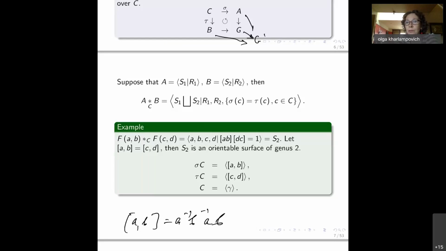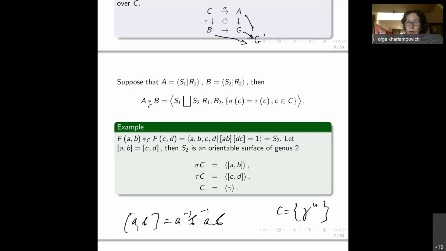Now, we only have one relation for this, because it is a cyclic group, right? So C basically consists of powers of gamma. So it's enough to write that the image of gamma in this group is the same as the image of gamma in this group.